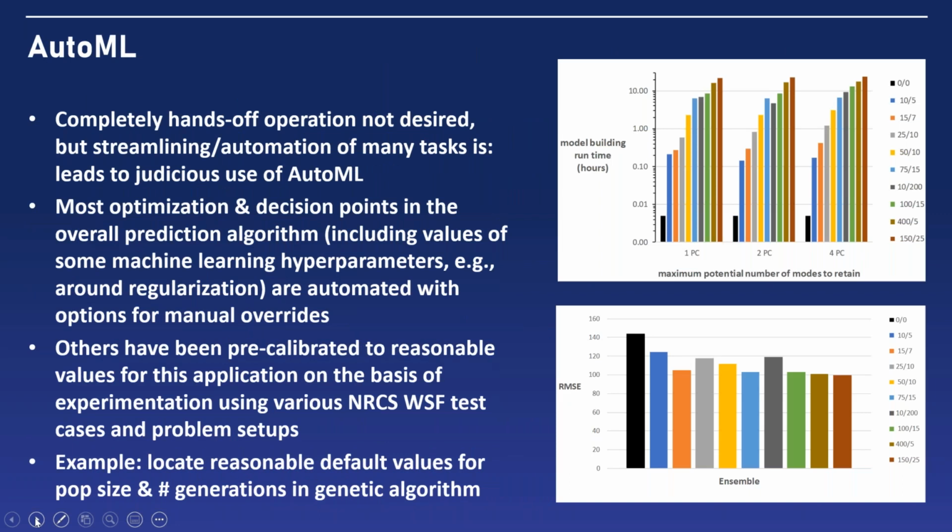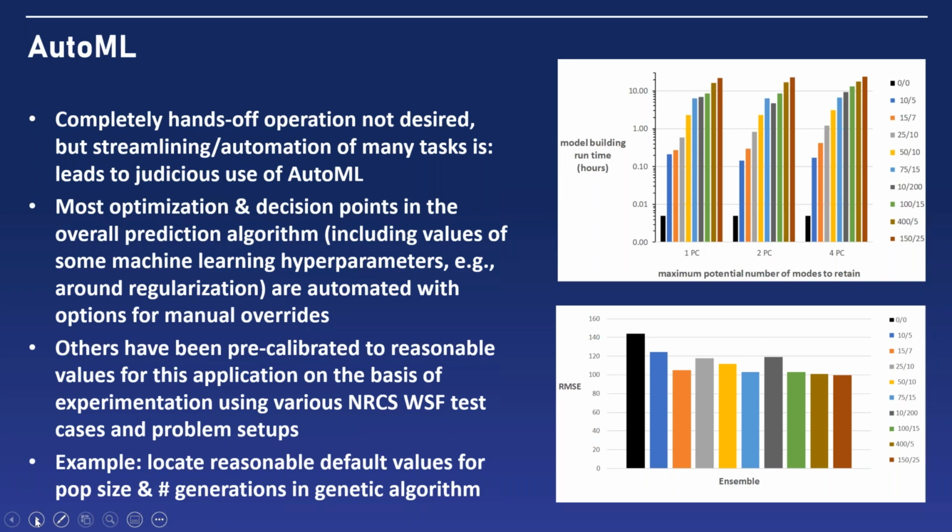The other part is autonomous machine learning, or AutoML. So you needed something that an operational hydrology team whose expertise is not necessarily in AI can take and use really efficiently and really effectively.